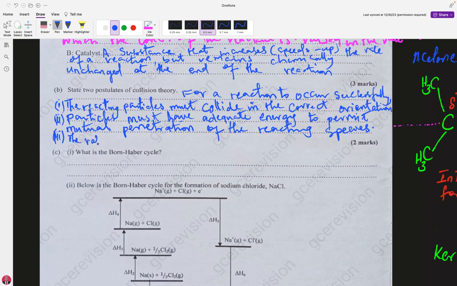The rate of a reaction is proportional to the rate of reactant collisions.